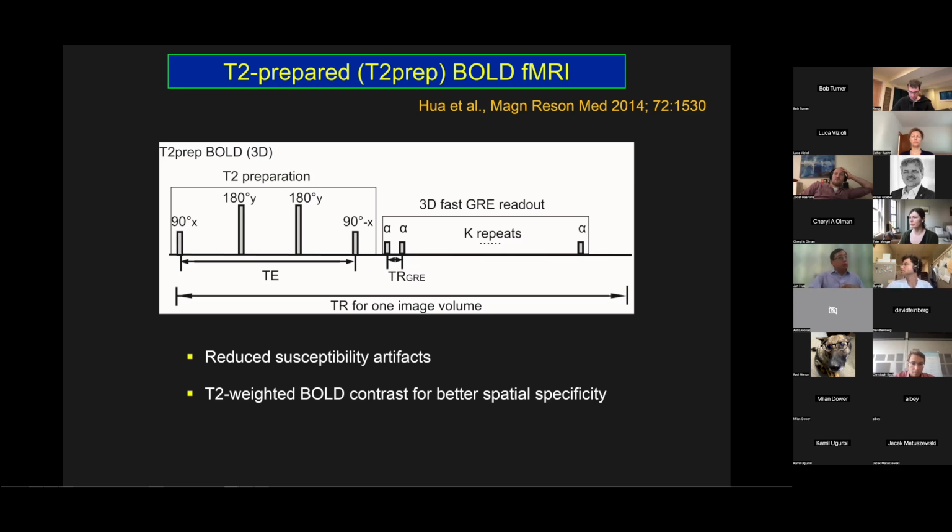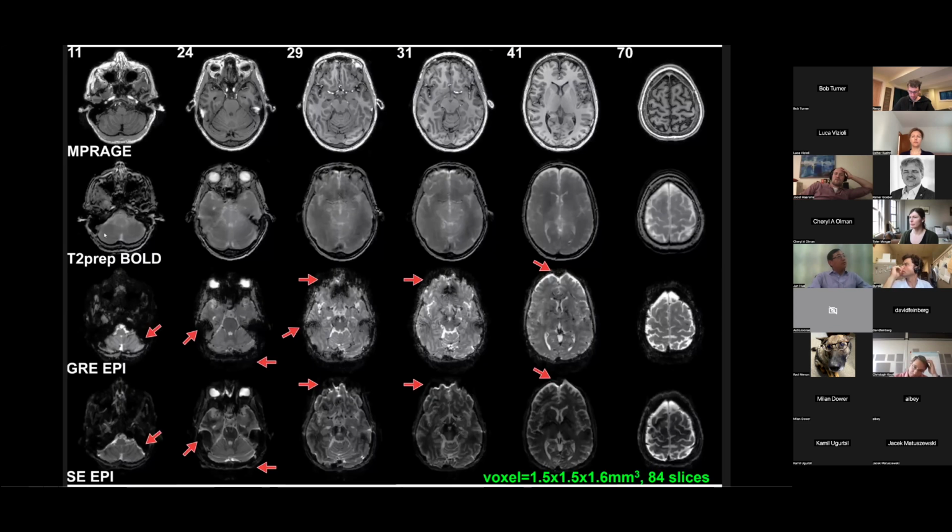So we did that. As you can see, these are the T2 prep BOLD images. The contrast is slightly different because of the T2 contrast, and it's also a very fast 2-second TR readout for whole brain. But if you look at these regions, you can actually get a much better signal from these dropout regions.